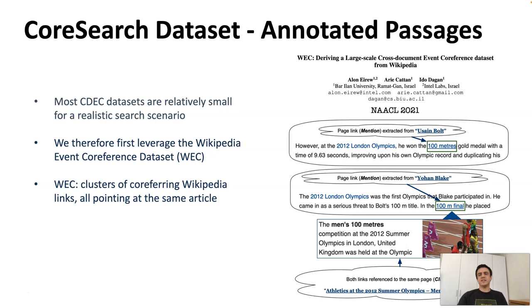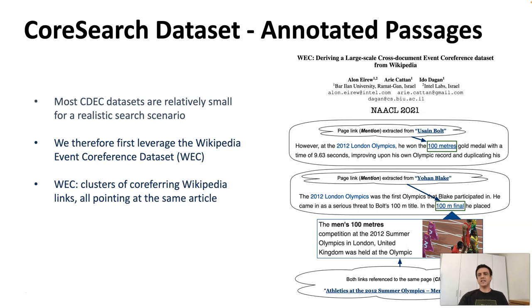We would like to use existing cross-document event coreference datasets. However, existing datasets are relatively small for a realistic search scenario. We therefore leverage a previous work of ours published at NAACL 2021, the Wikipedia Event Coreference Dataset. The Wikipedia Event Coreference Dataset was collected by clustering Wikipedia links pointing at the same Wikipedia article.